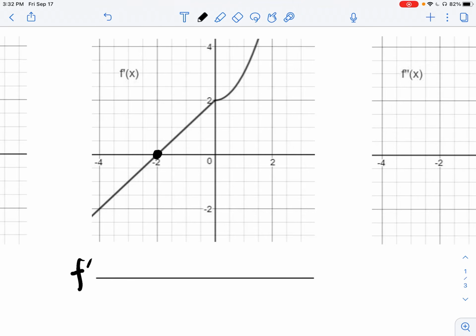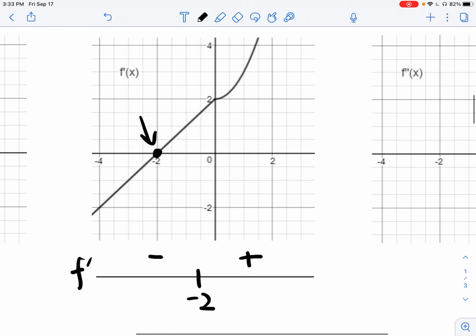Think for a moment what that means. This means that our original function f of x is going to have a critical number at -2. At -2, our derivative changes signs from negative to positive. Therefore, -2 is a critical number.